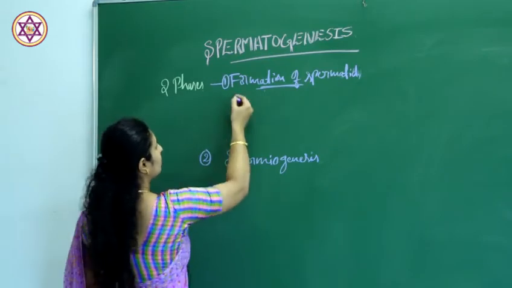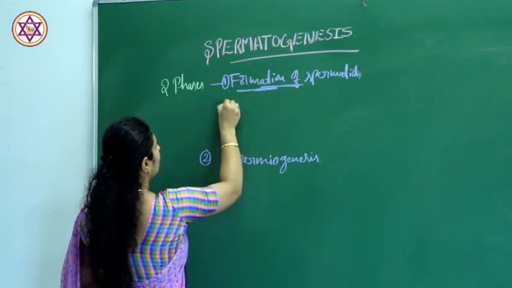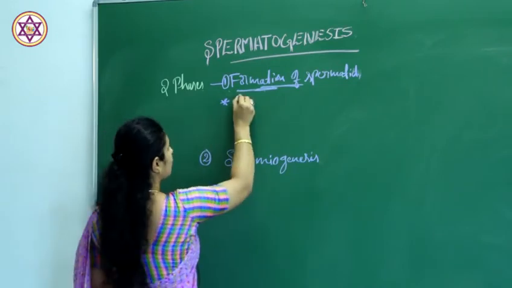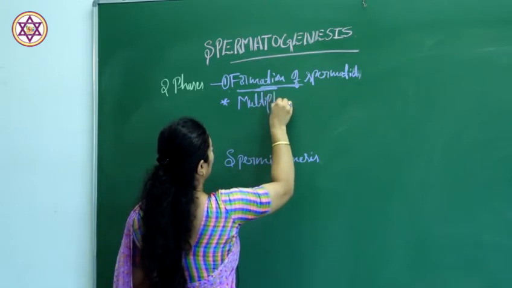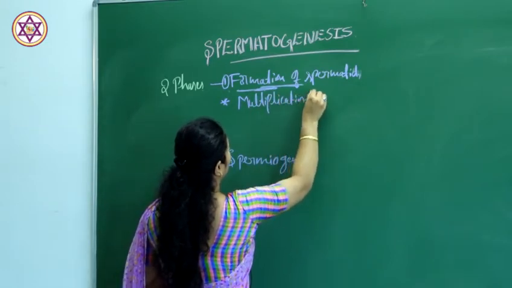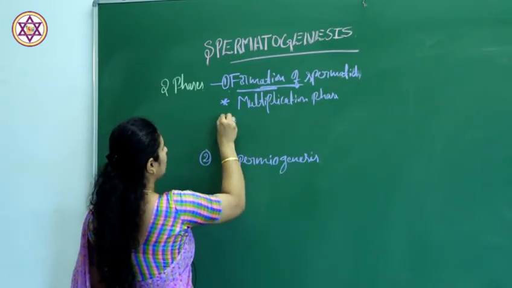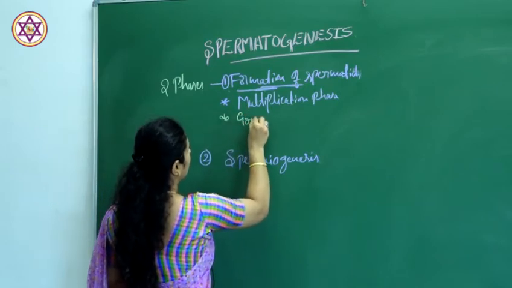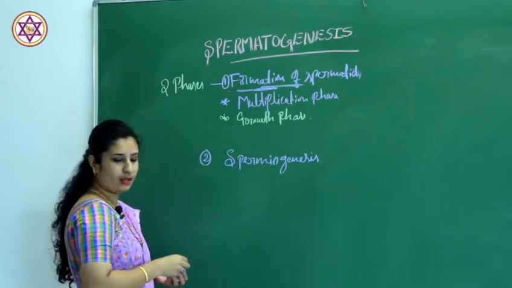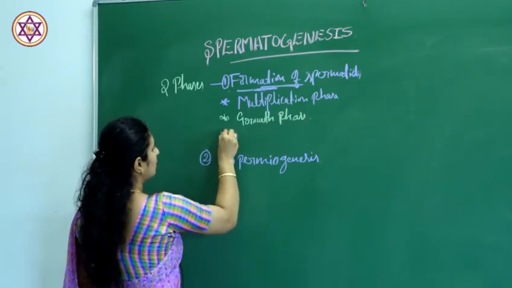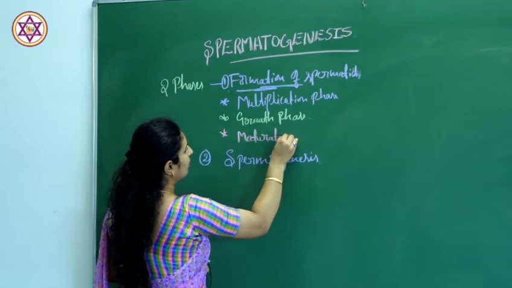Here the first phase, that is the formation of spermatids, is subdivided into three stages, in which the first one is the multiplication phase, the second one is growth phase, and the third one is the maturation phase.